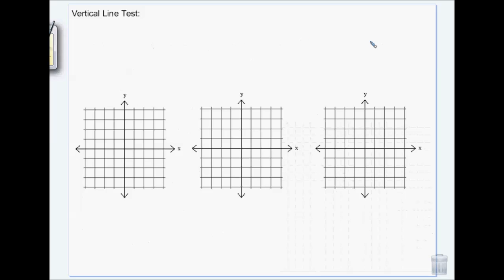Okay, vertical line test. This is a way to tell from a function if you have a picture. If you're given a graph and you need to tell whether it's a function or not. Okay, the vertical line test says this. If you draw a vertical line, so that's up and down, right? Through a graph.